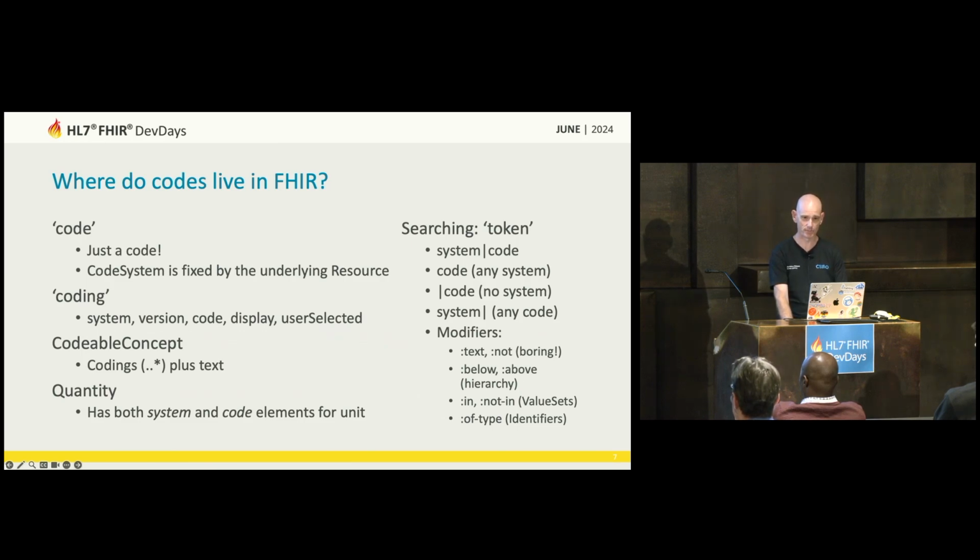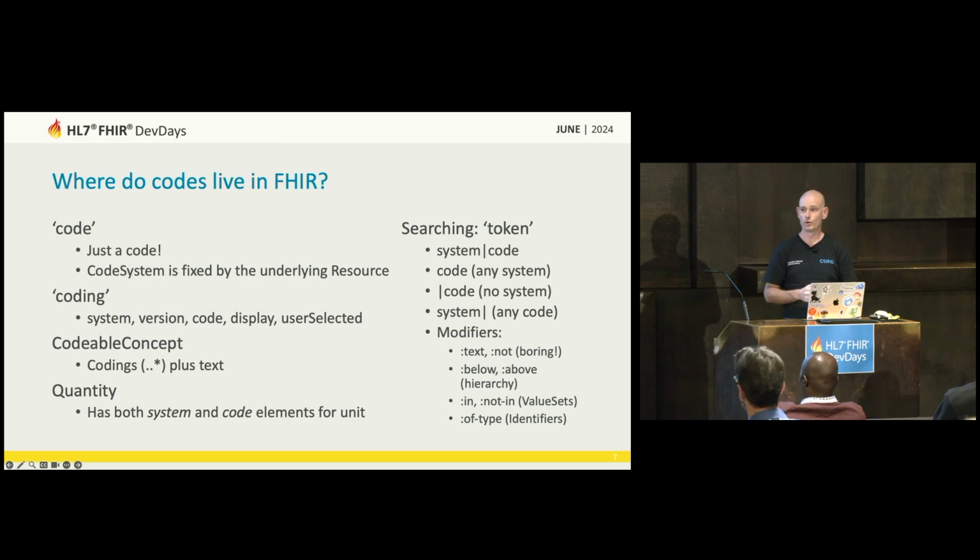In a number of different types of data types. So there's the code type, which is simply just a code. The actual code system is defined in the base resource or in the specification. You have coding elements, which allow you to specify a code and a code system, and optionally things like a version and a display and user selected. You have a thing called a codable concept, which is a way of having between 0 and many coding, which is the line above, plus some text.